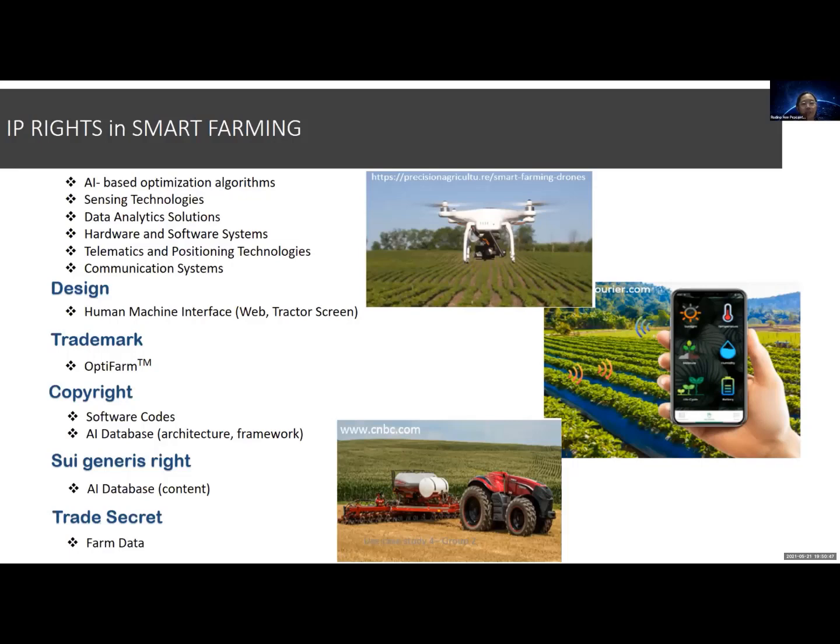This can include farm data, data which are protected for years, for example, by a farmer. So it should give a farmer an edge over other farmers, as he would usually understand a particular field and its conditions better than anyone else. So that's it for the intellectual property rights from our group.